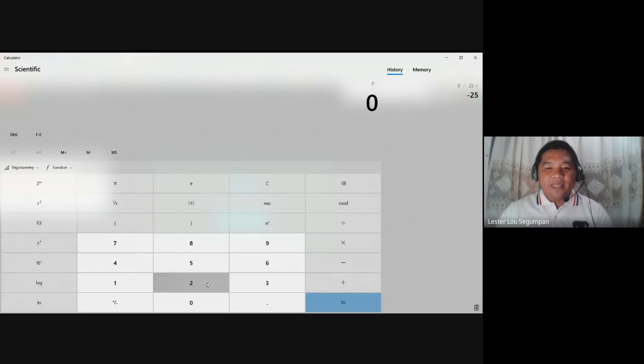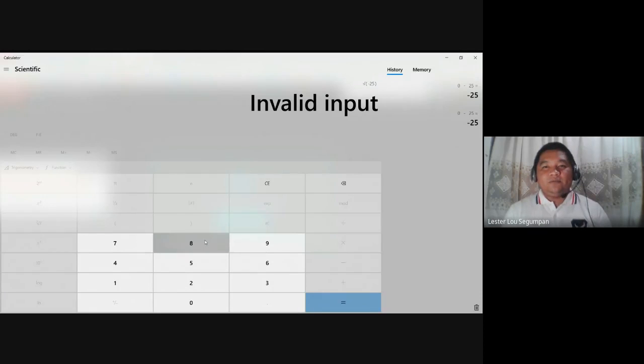If I have negative 25 and take the square root of that, it will have invalid input. If you try any calculators you have at home, others might say cannot be determined, others might say math error, because the square root of negative 25 does not exist in the realm of real numbers.